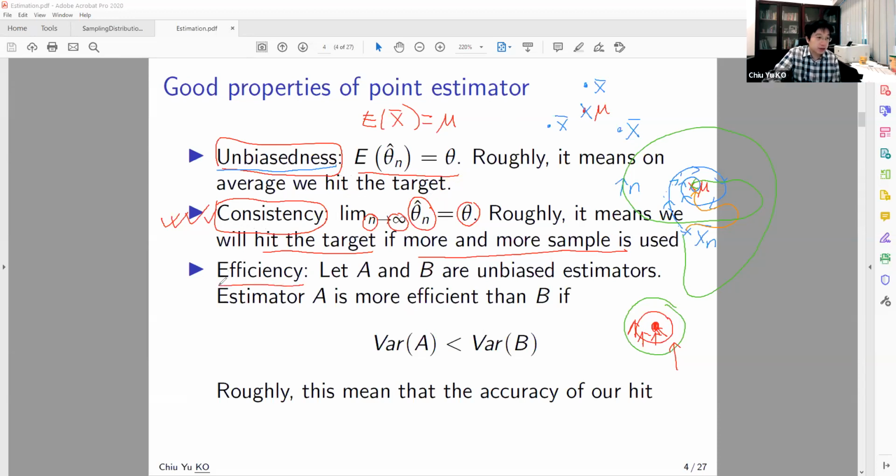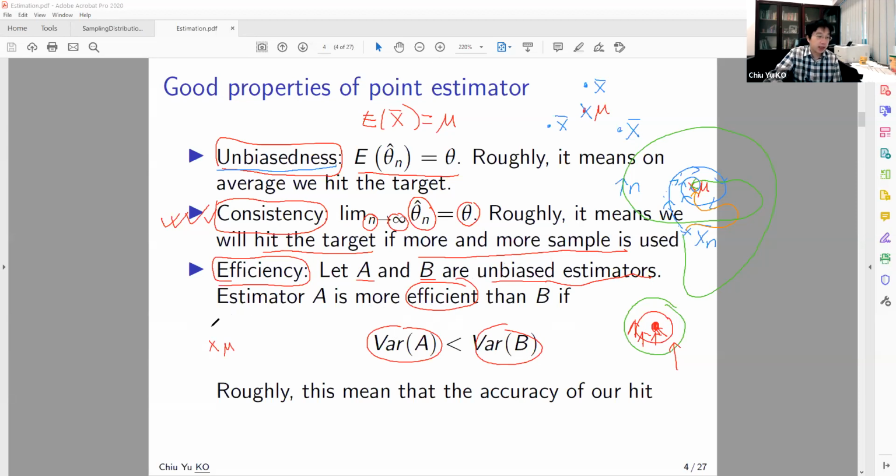The next one is efficiency, okay? If there are two estimators that are unbiased, which turns out there are quite a lot of those, then you pick the one that's more efficient, okay? Efficient means the variance is smaller, okay? A is more efficient than B if A's variance is smaller. So what does that mean? Suppose this is the mu, okay?